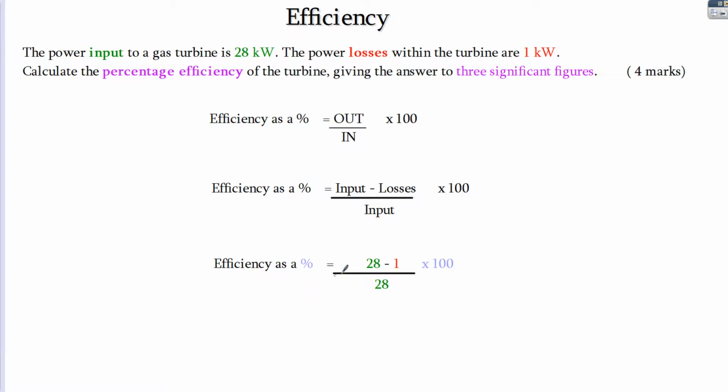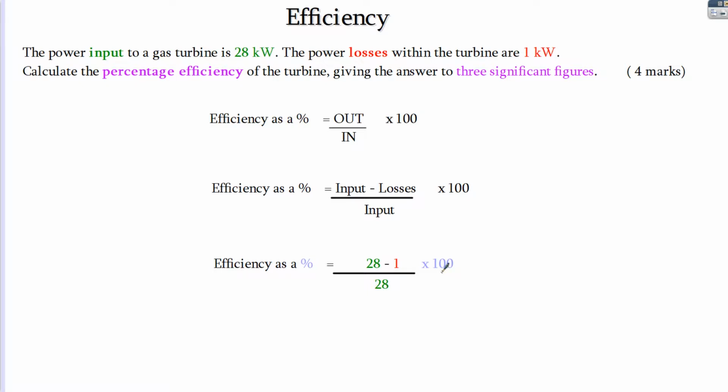So we've got input, we've got losses, so we know what our output is. Efficiency as a percentage is your input, which is 28, take away your losses, which is 1, divided by your input, which is 28. 28 minus 1 divided by 28 is 27 divided by 28. And when you multiply that by 100, it gives you a percentage. But be really careful here.